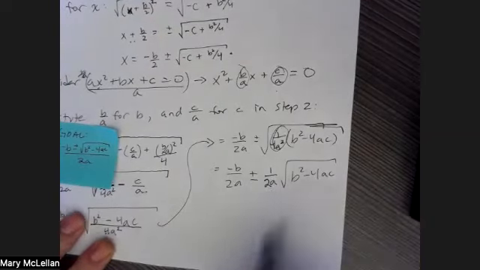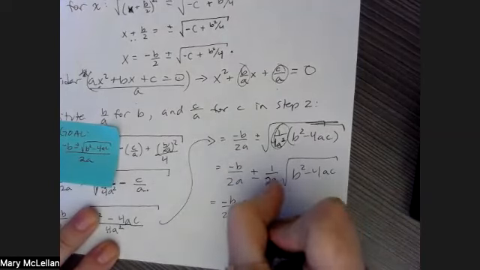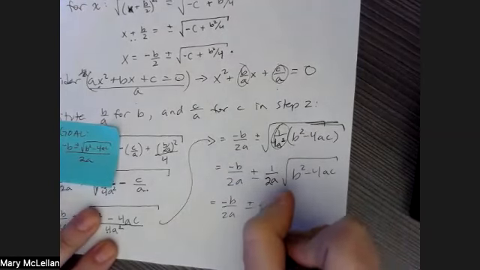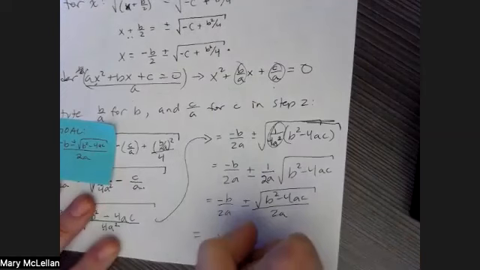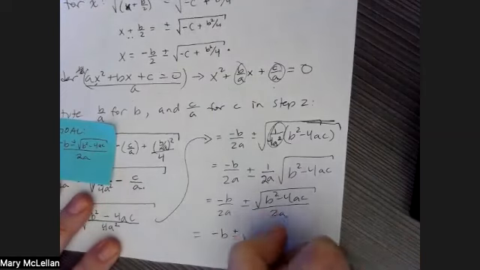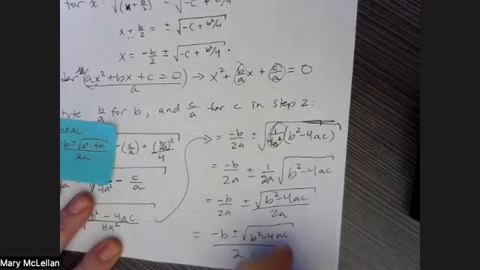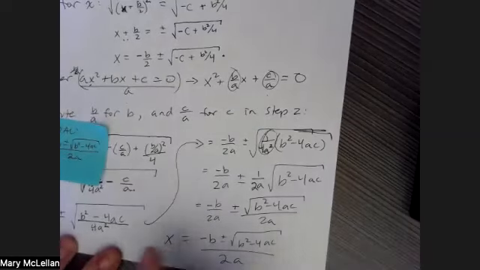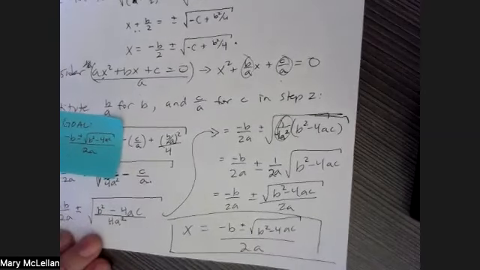And I'm going to write this as division, which is the same as negative b over 2a plus or minus the square root of b squared minus 4ac over 2a, which is the same as negative b plus or minus the square root of b squared minus 4ac all over 2a. Yay! We're done. That's the quadratic formula.